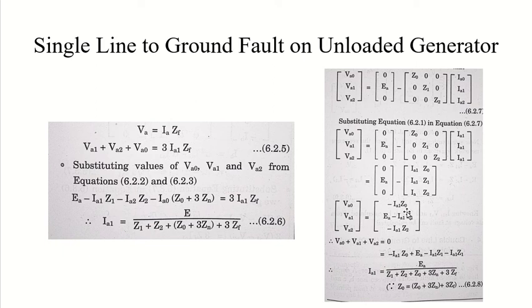Firstly, know that all the components of my sequence currents, let's call them, are equal in magnitude and phase angle. So there is a balance between them, and that's why we are talking about unsymmetrical fault analysis. There is no unbalance in phase.